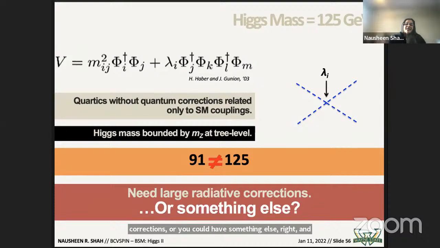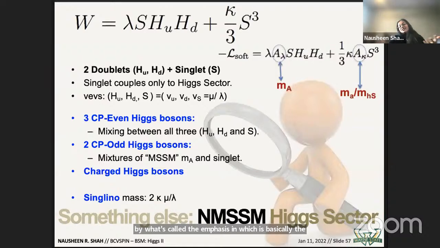And so the something else possibly is given by what's called the NMSSM, which is basically the MSSM that we had before, but now you just add another singlet superfield. So for the Higgs sector, you're getting the 2HDM plus singlet, but you also get the superpartners of this guy, which is a singlino, etc.